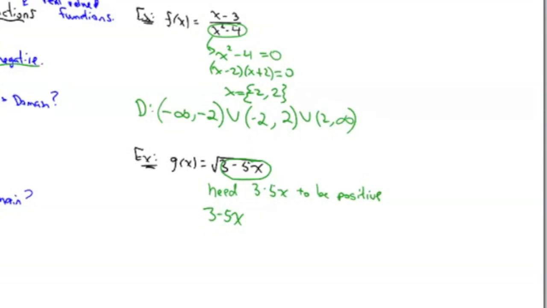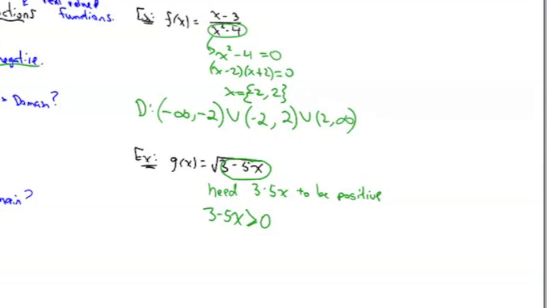If you're a positive number, you're bigger than 0. So if I write bigger than 0, that's a positive number. This reads 3 minus 5x is positive. But it also can be equal to 0, because 0 is perfectly fine to take a square root of. The square root of 0 is, boringly enough, 0. So it's perfectly fine.